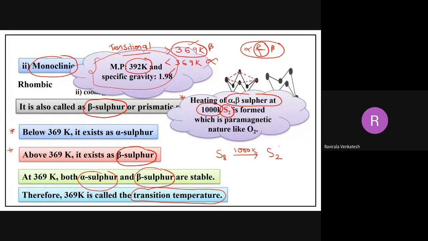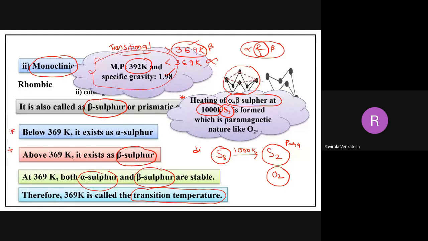I already told you S2 is paramagnetic in nature, just like O2, because O2 has unpaired electrons. But S8 is diamagnetic, because when you observe the structure, everywhere you get bond pairs and lone pairs. Here we don't get any unpaired electrons.